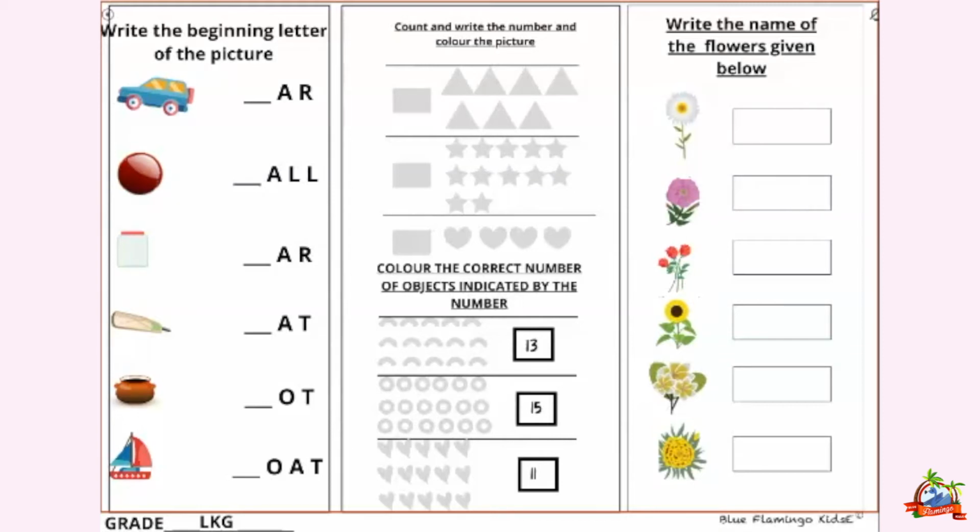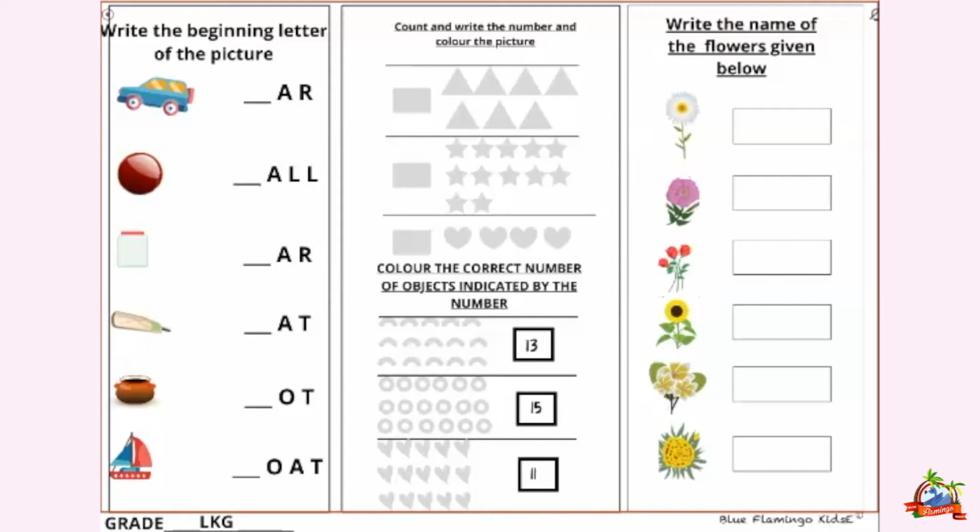H for horse. I for ink pot. J for joker. K for king. L for lion.